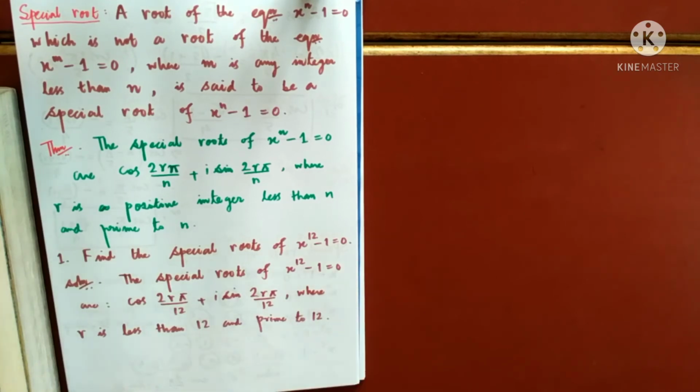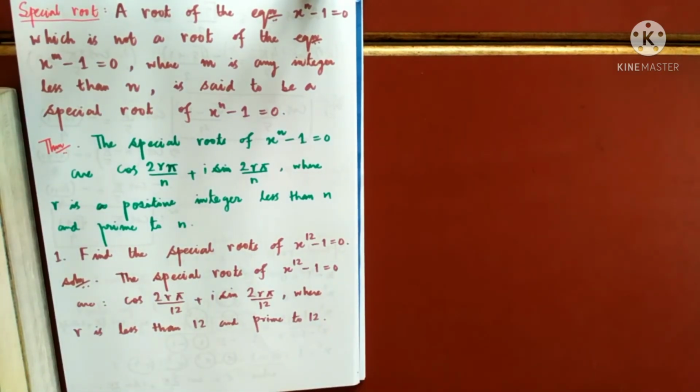Okay, now you tell me what are the numbers which are less than 12 and prime to 12. That means all you have to consider is 1 to 11, and which are prime to 12. That means the GCD of that number and 12 must be 1. So we will just write that.